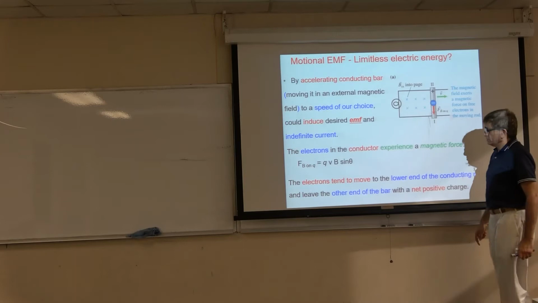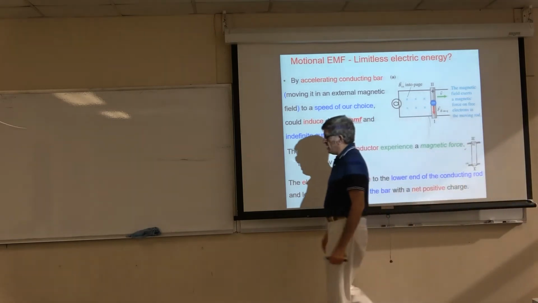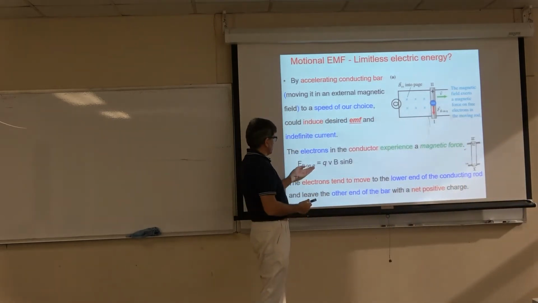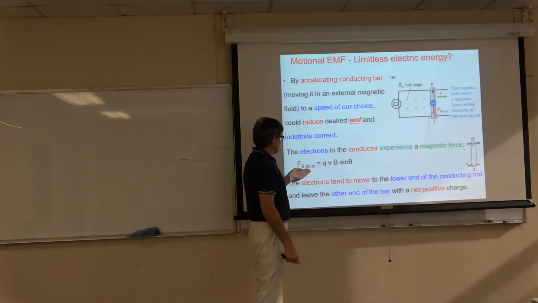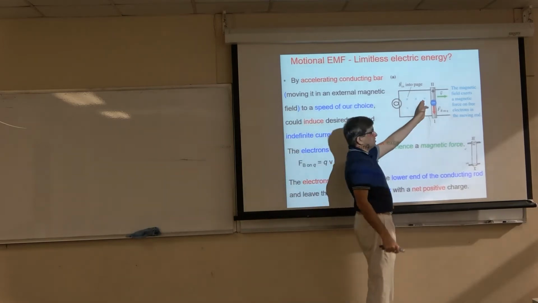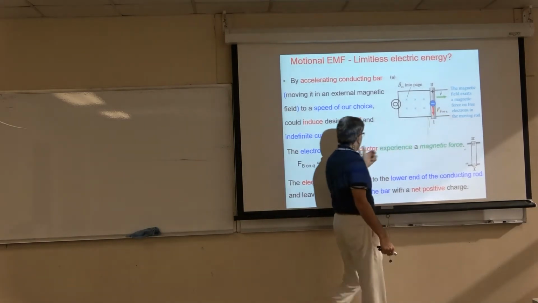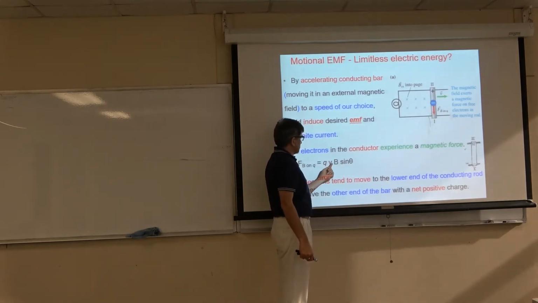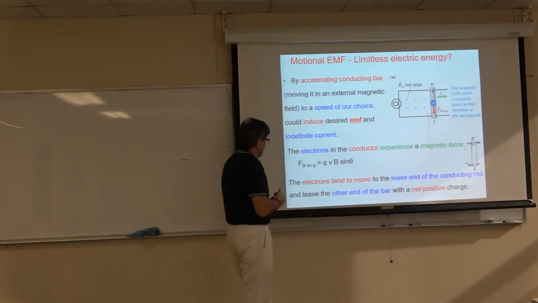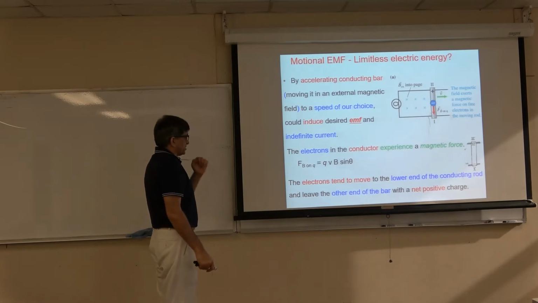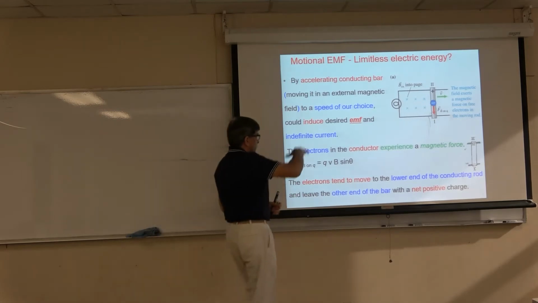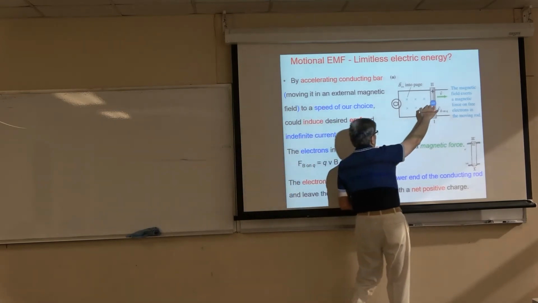Now, we know the force on the charge Q when it is placed in an external magnetic field is equal to Q times V times B sine of theta. The electron, as I said, is moving towards the lower end of the bar.